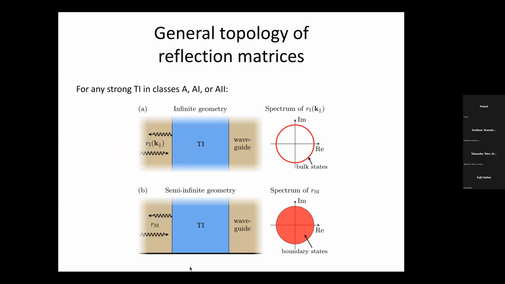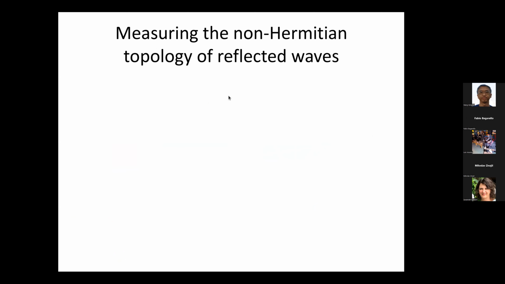Okay, so this was in general in different dimensions and in these symmetry classes. And now, how do you measure this? Now I will make the claim. The claim is that these effects which I have shown you are realistically measurable in the lab with currently available technology.